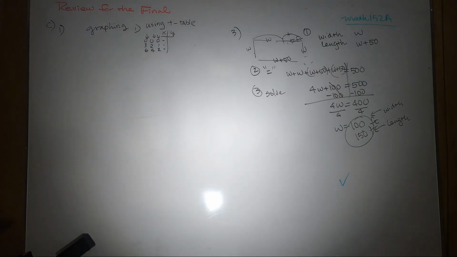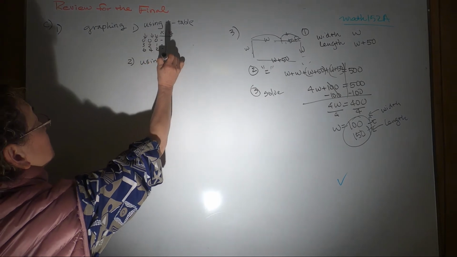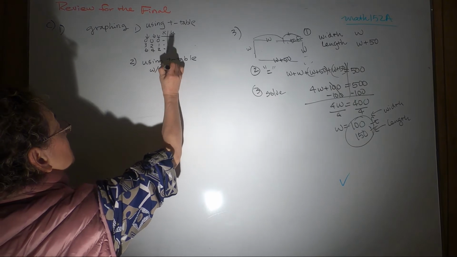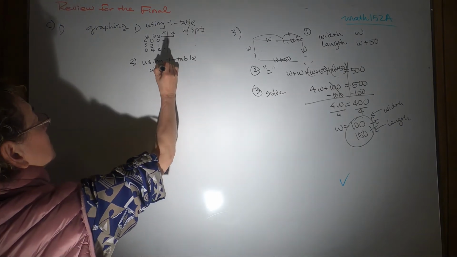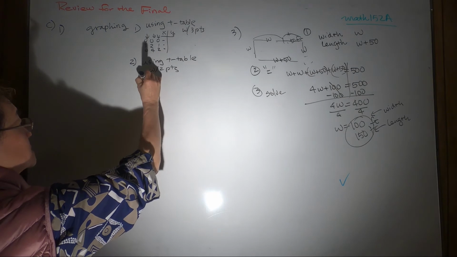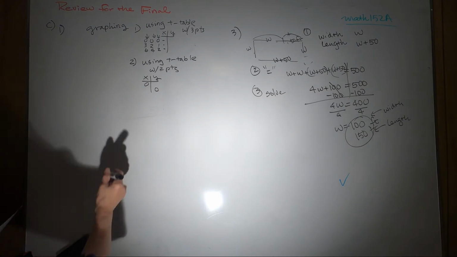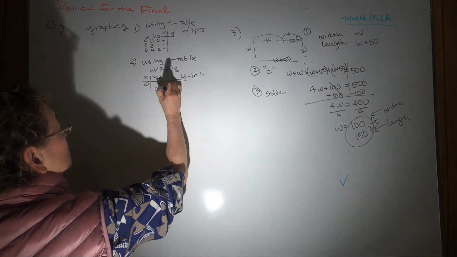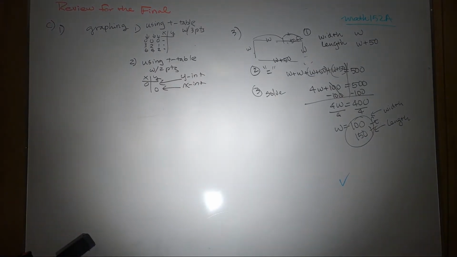Then the second method is using 2 points. Not any 2 points. Special 2 points, the x and y intercepts. If x is 0, that would be your y-intercept. If y is 0, that would be your x-intercept, right?